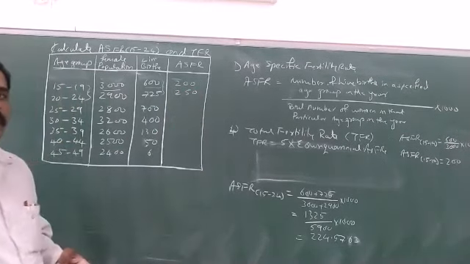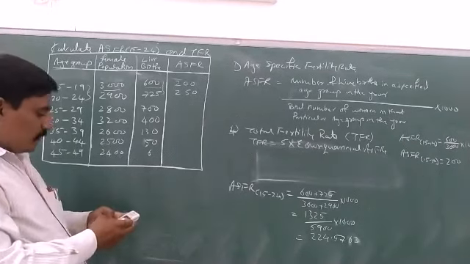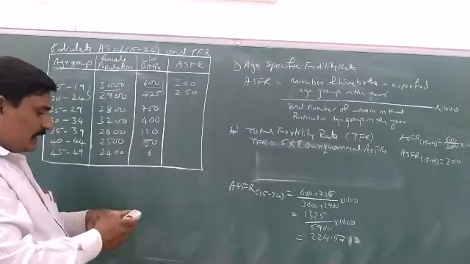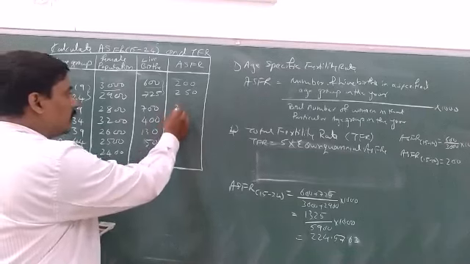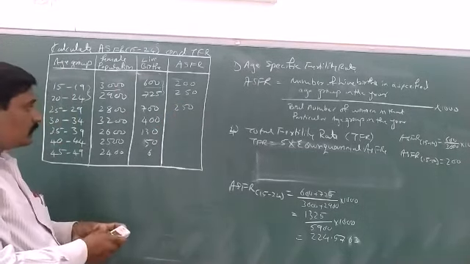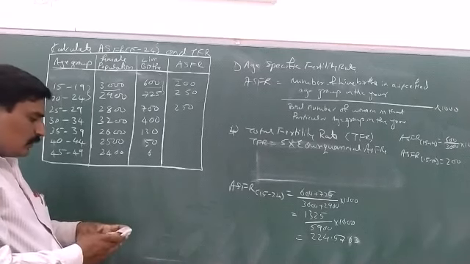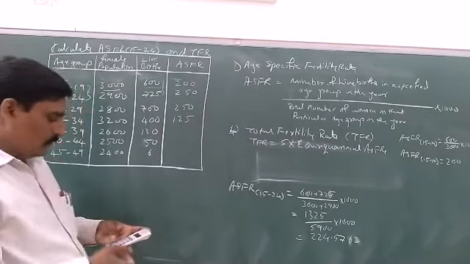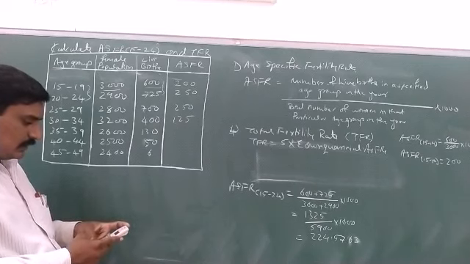So we get 250. And likewise for the remaining: 25 to 29, 700 live births divided by 2800 females into 1000. That is 250. Next, 400 live births divided by 3200 population into 1000. That is 125. 130 divided by 2600 into 1000.